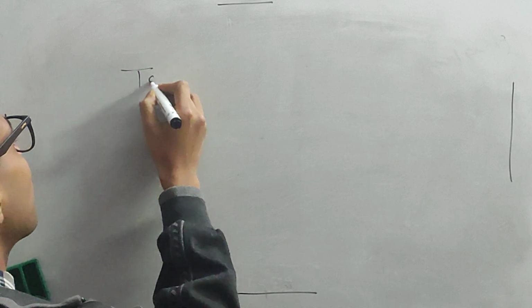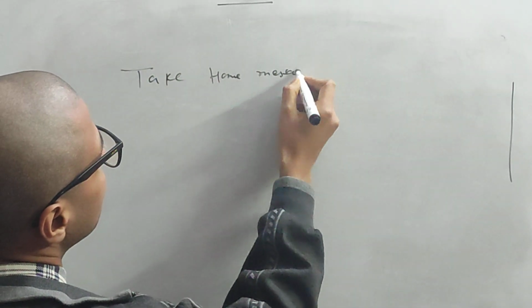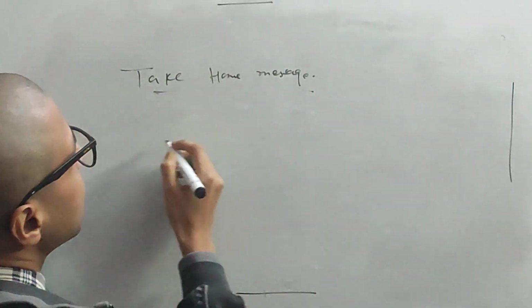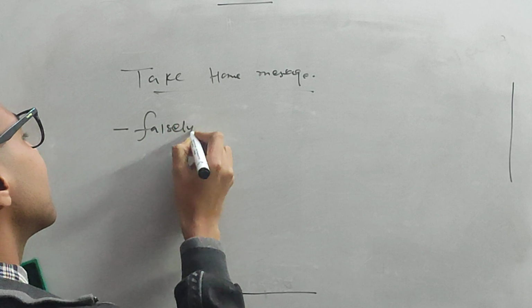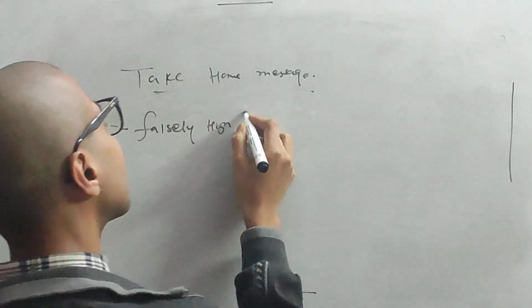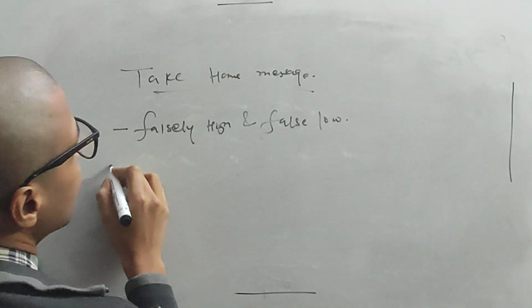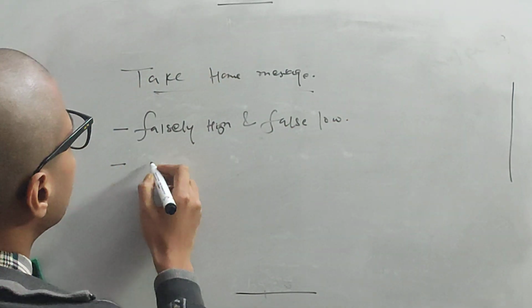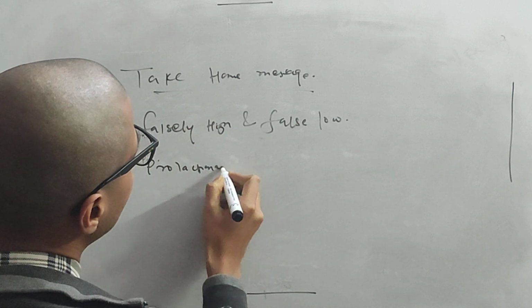So what are the take-home messages from today's discussion? So you can get falsely high and falsely low values of serum prolactin. Second is that not only prolactinoma is the cause of elevated prolactin.